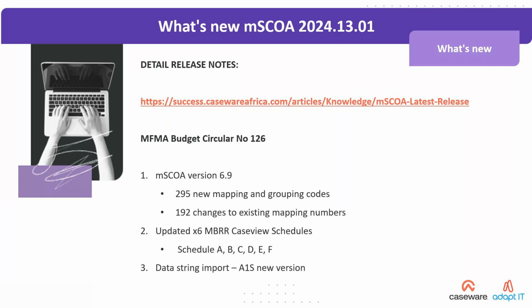We had 192 changes to existing mapping numbers. And then secondly, we updated the MBRR six case view schedules. That includes Schedule A, B, C, D, E and F. Then for the A1S new version, there are some data string improvements that we did there.